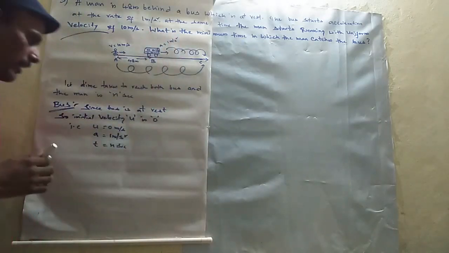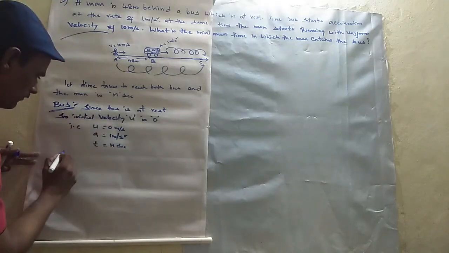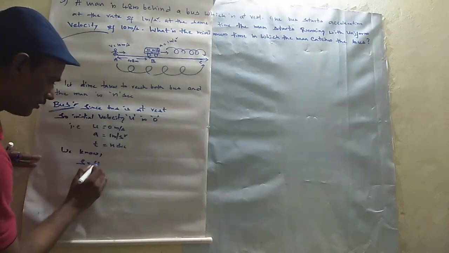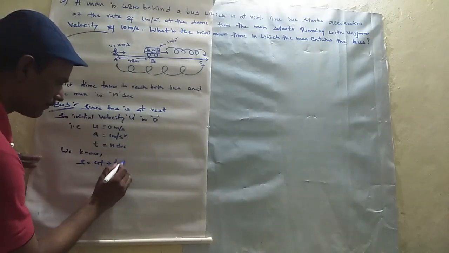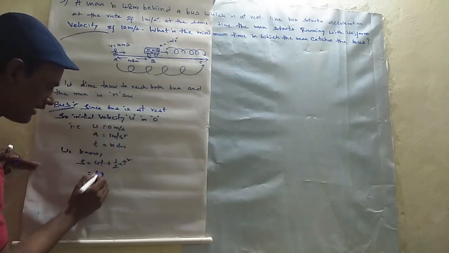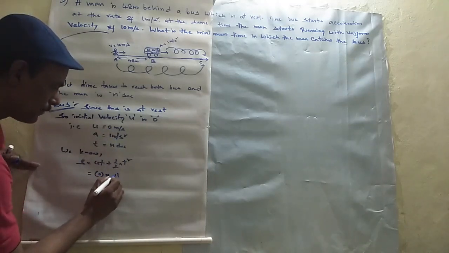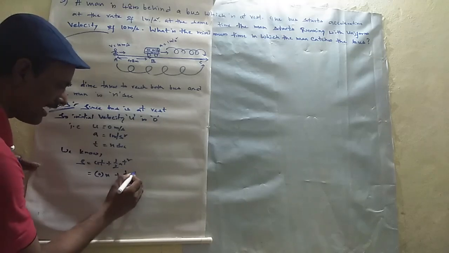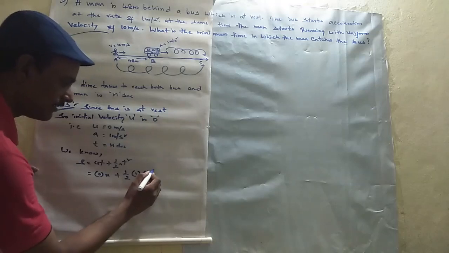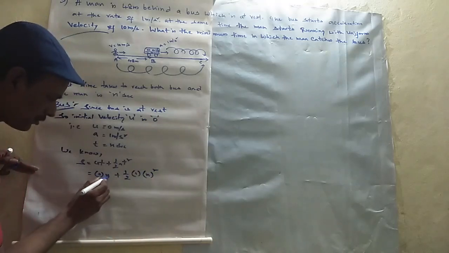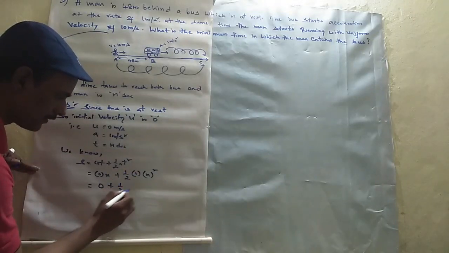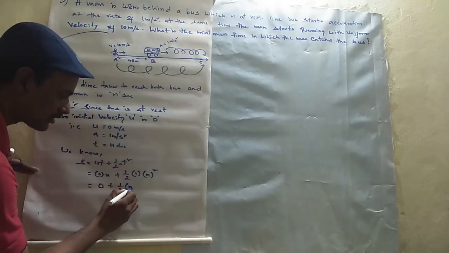So s equal to ut plus half at square. With u equal to 0 and t equal to n, plus half into a equal to 1, into n square. 0 into n is 0, plus 1 into 1 by 2 into n square.